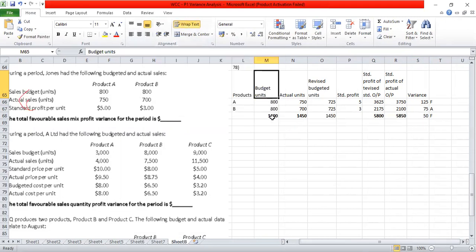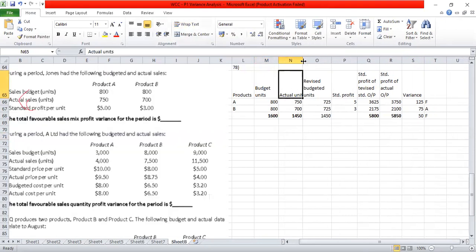The total quantities are not the same here. I just proceeded directly. The total quantities are 1600 and 1450. It is always that the budget is adjusted according to the actual. So the actual total units are 1450. So we are adjusting the budget to 1450 and the proportion 1:1. So we made it as 725, 725. The rest of the solution is the same. It is the standard profit of revised standard output.